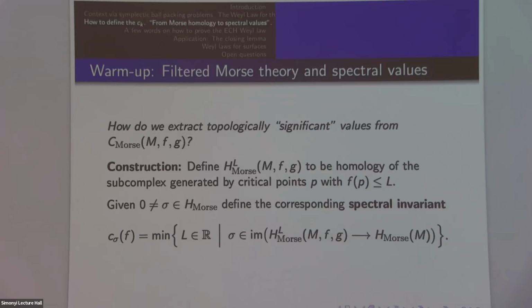Okay, so I want to pause because I mean this to be accessible, but at the same time, we want to do this construction again and again and again. So we definitely want to make sure we don't have any questions about what it is I'm saying here. Okay, so I claim this is a very powerful construction implemented in Floer theory that gives you great things.